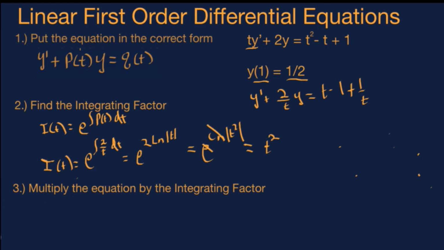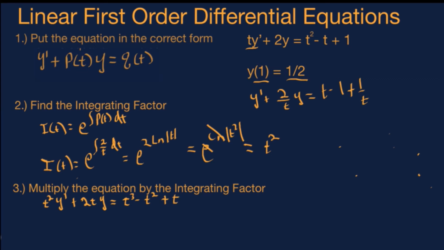Now that we have found our integrating factor, which is t squared, we can multiply our entire equation by it, and that will give you t squared times y prime plus t squared times 2 over t, which is just 2t, times y, equal to t cubed minus t squared plus 1 over t times t squared, which is just t.